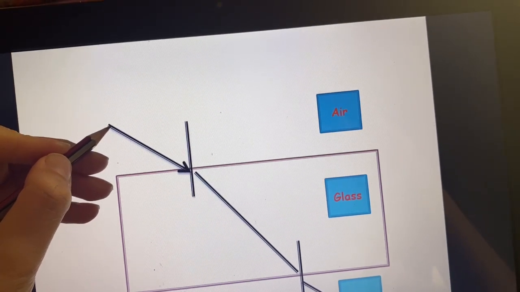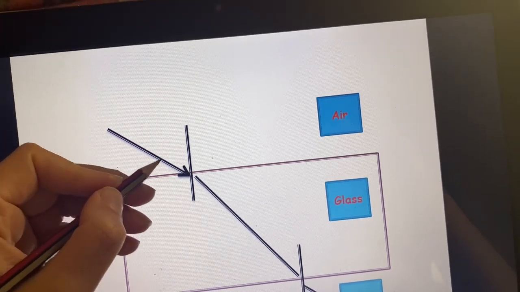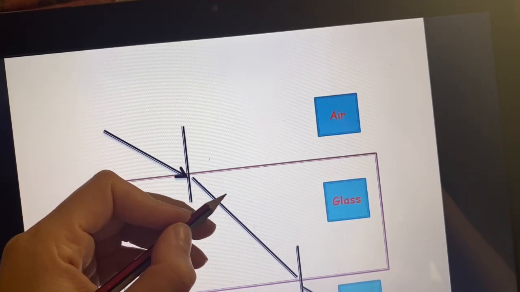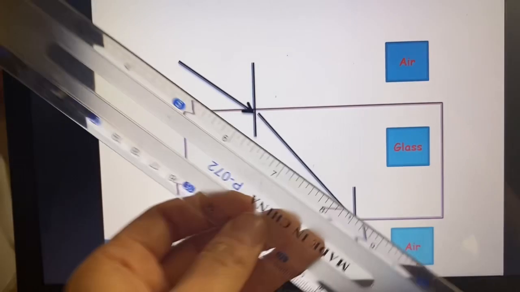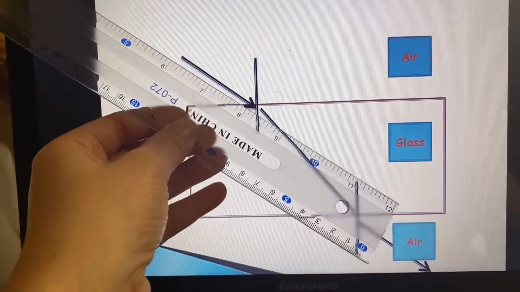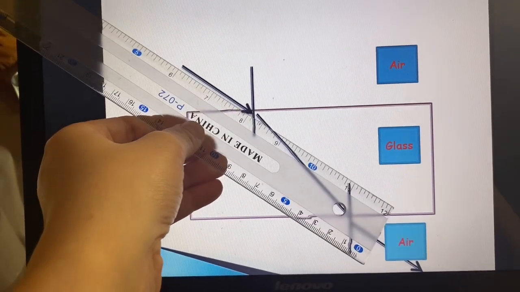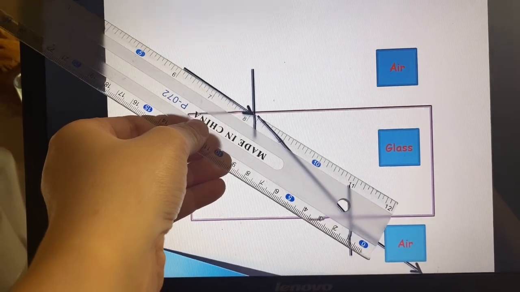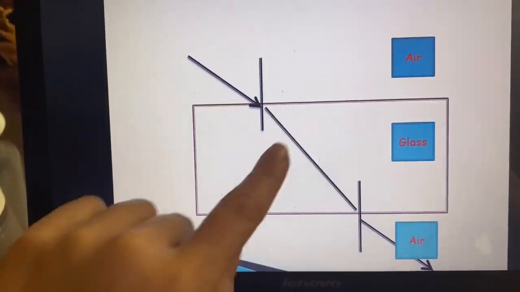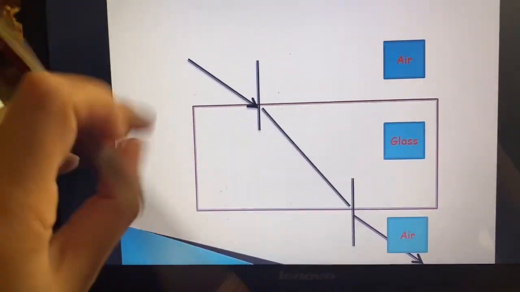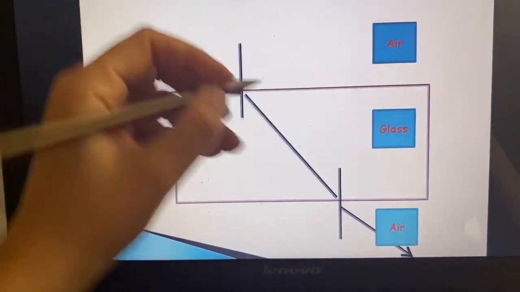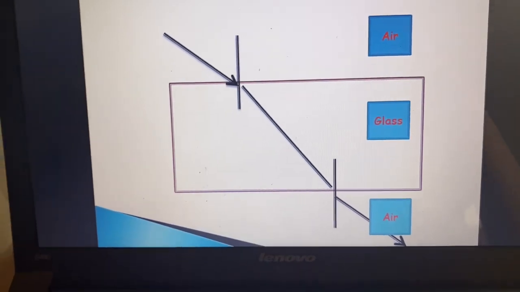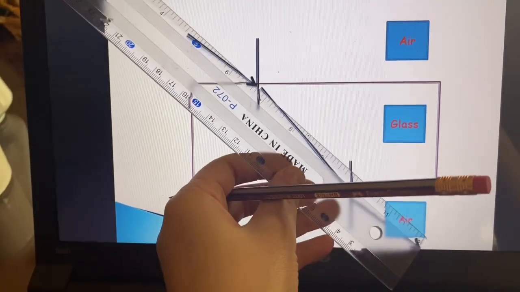The ray of the light should keep going in this direction. But what happens is it refracted. Did it refract near to the normal, towards the normal, or away from the normal? Look at it, I will do it again.